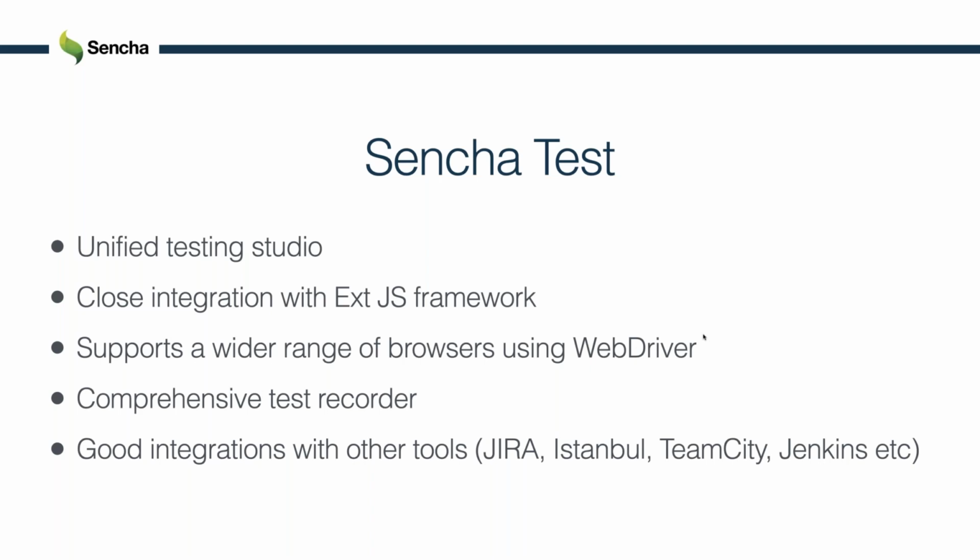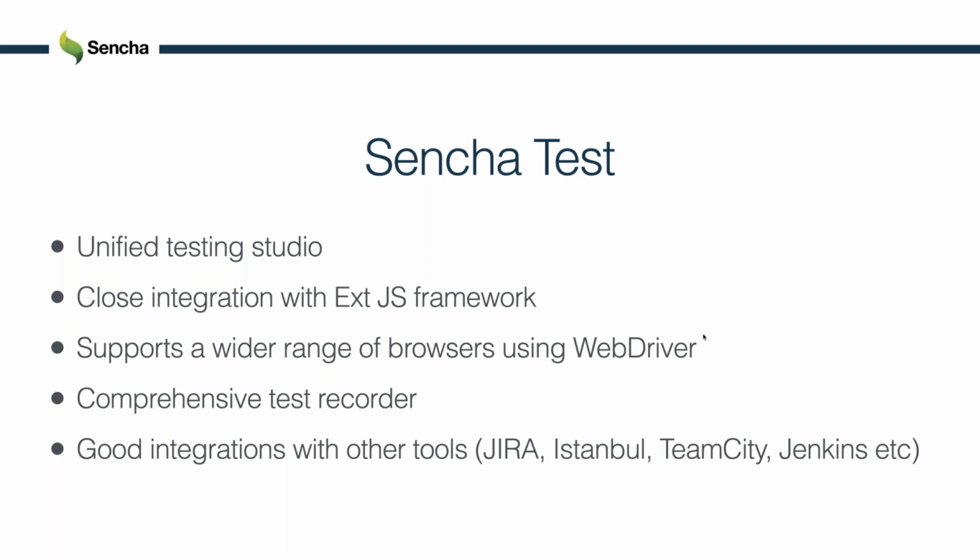It's all very integrated, and is a good studio for building tests as either a QA team member or a developer team member. So there are different scenarios that you can go down when using the tool for your particular role, and it's a really good unified system for creating tests and running tests as well.